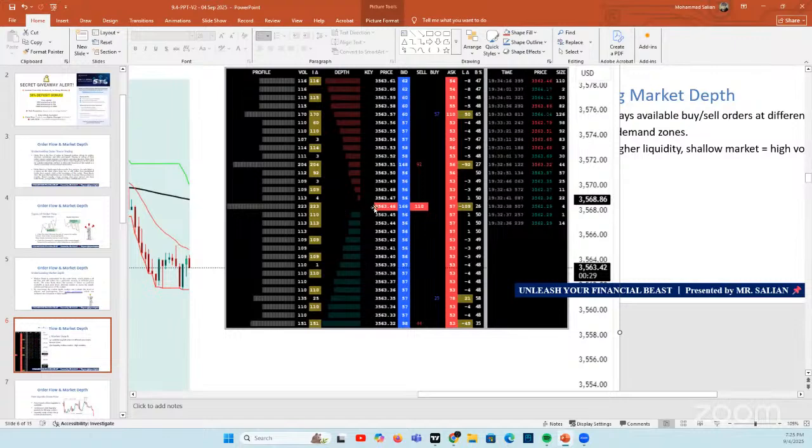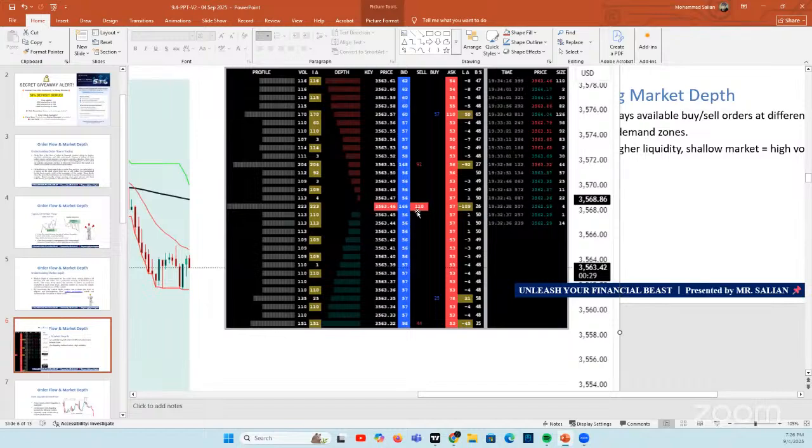They will be there in equilibrium at the current price when I made this screenshot. It was at 3560 point 46. Now it's 42 because it was moving. It cannot be exact, maybe because of the spread, I don't know why, but it's very close. 46 to 42 is very close.